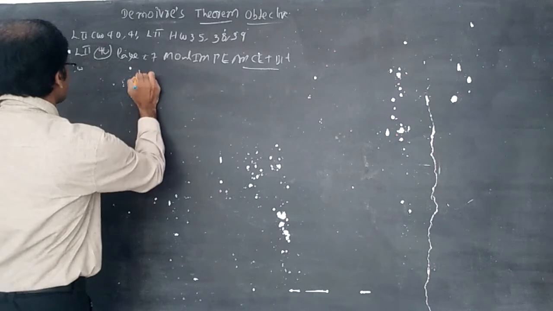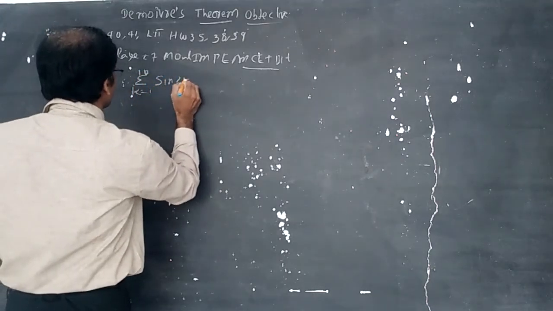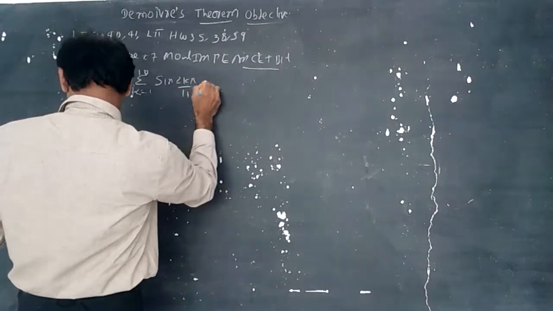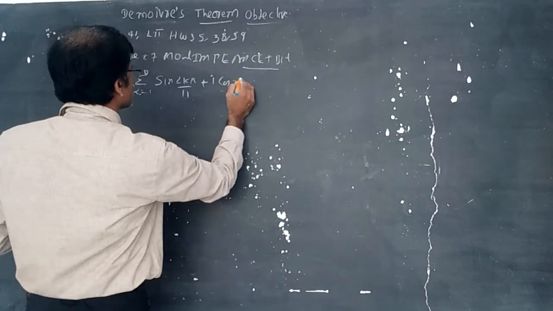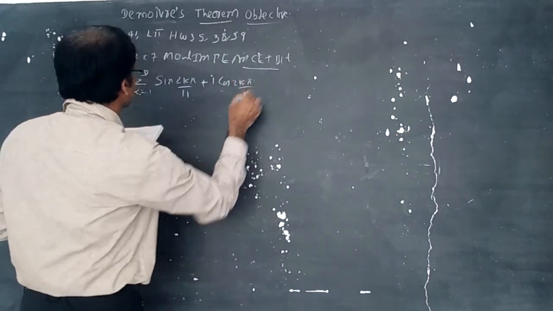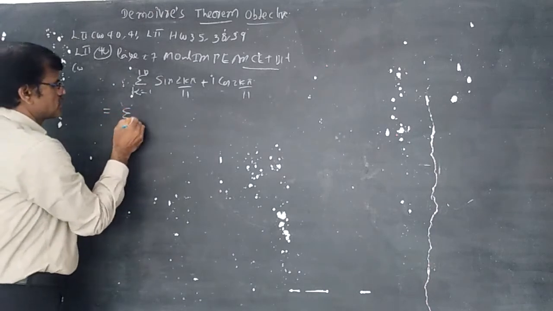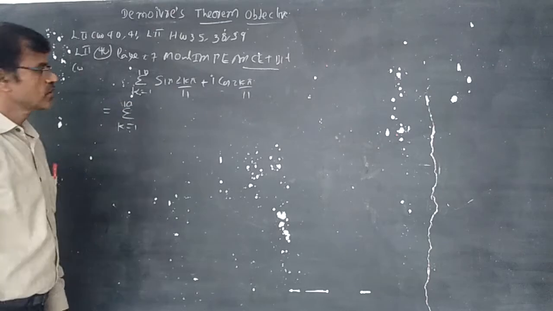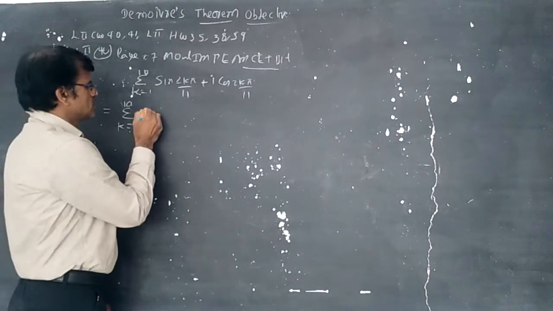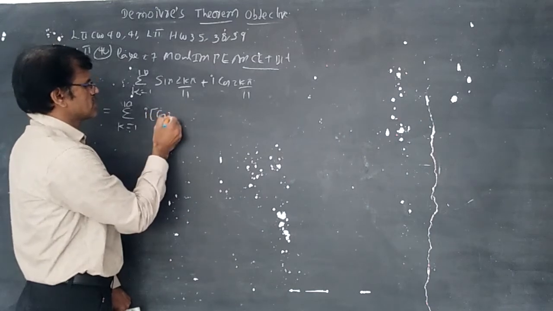Sigma k is equal to 1 to 10 of sine of 2k pi by 11 minus plus i cos of 2k pi by 11. Always we need to write i first, in the cos theta plus i sin theta model.